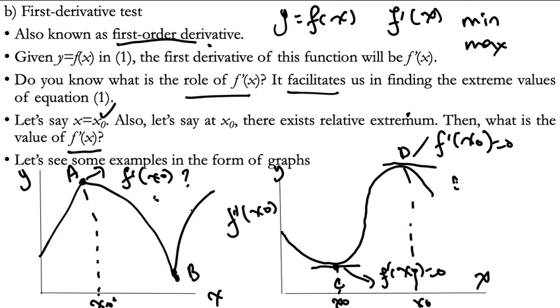However, in the first graph, it doesn't exist. So here, f prime x naught being 0 is just a necessary condition. It's not a sufficient condition.